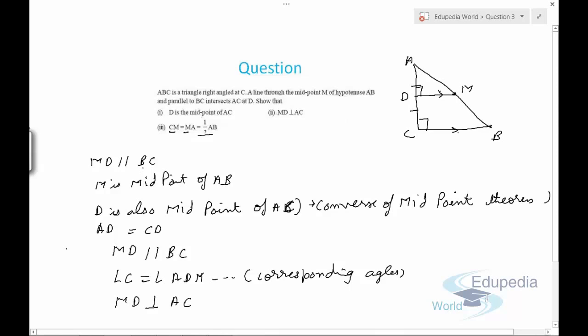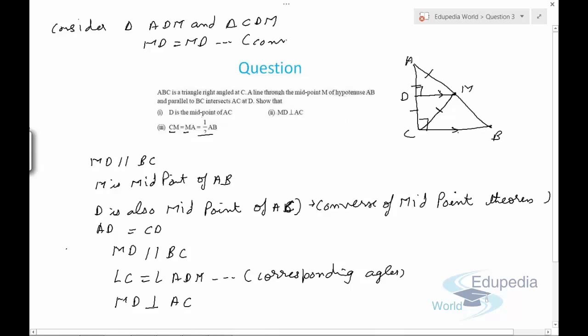Now the third part, we need to prove that CM equals MA. Let's draw this line first. So we need to prove that this line equals this line. Now let's see how we can do this. If you consider triangle ADM and triangle CDM, then we can say that MD equals MD.